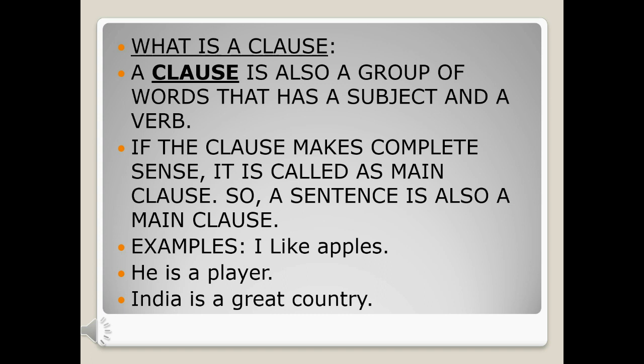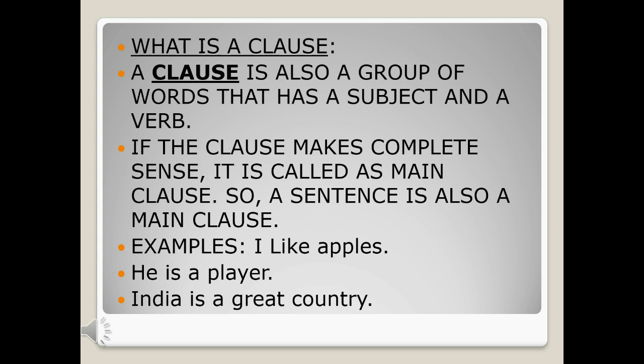So, a sentence is also a main clause. Look at some examples given. I like apples. In this sentence, I is the subject and like is the verb. This sentence makes complete sense, so it is a main clause.